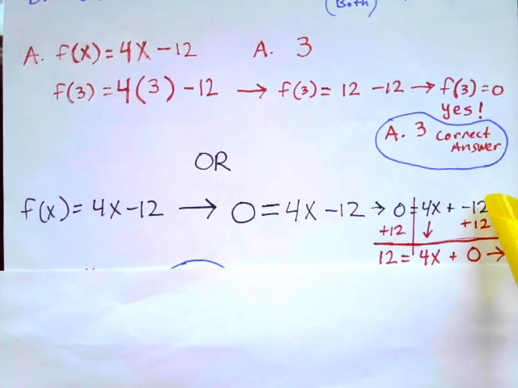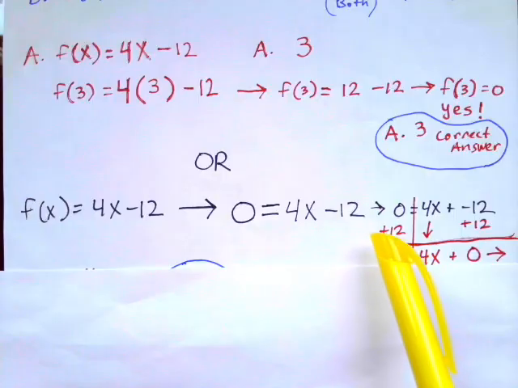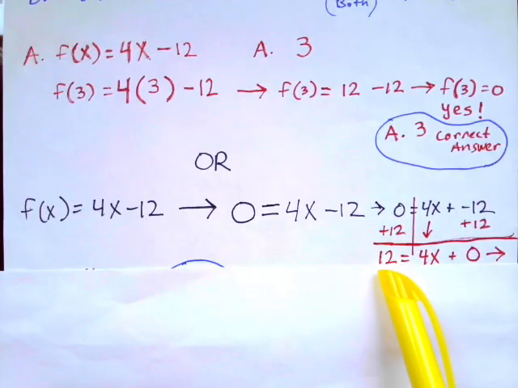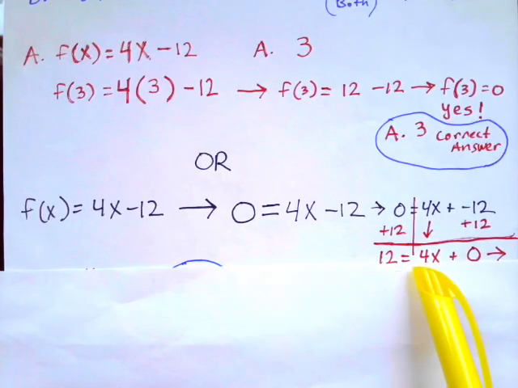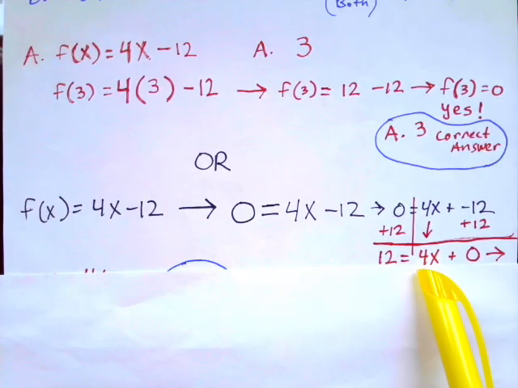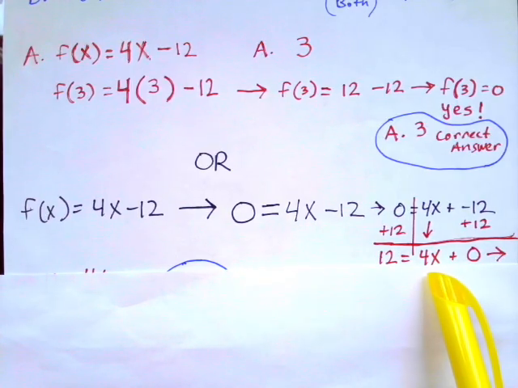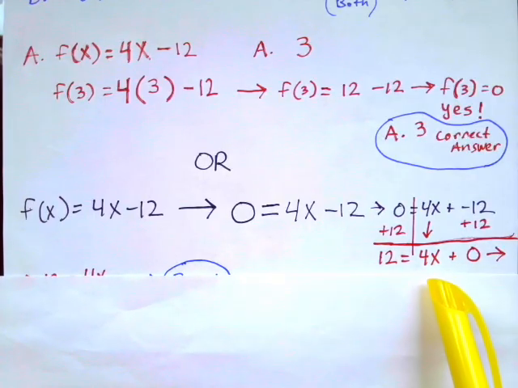12 minus 12, or negative 12 plus a positive 12, is 0. What I do to the right side of the equal sign, I've got to do to the left side. 0 plus 12 is 12. Now I'm left with 12 equals 4 times x. I want to get x all by itself. I do the inverse operation of what it's showing me. 4 times x is what's showing me. What's the opposite of multiplying?